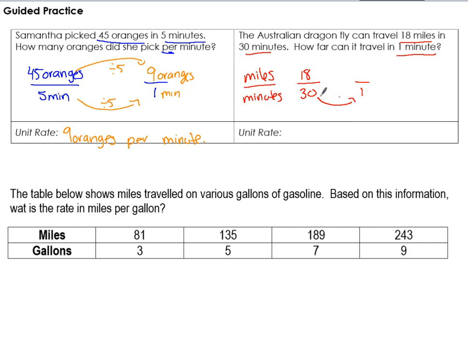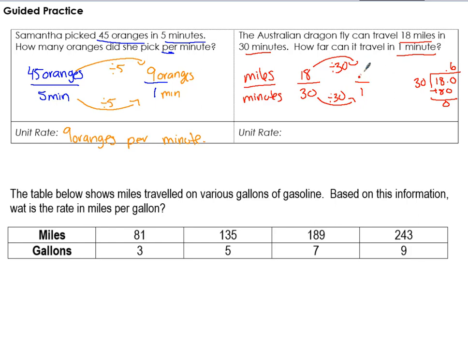So 30 to get to the 1, I need to divide it by 30. Now 18 divided by 30. So I'm going to go to the side and divide that. So obviously 30 does not go into 18, so I'm going to add a decimal, add a 0. 30 goes into 186 times.